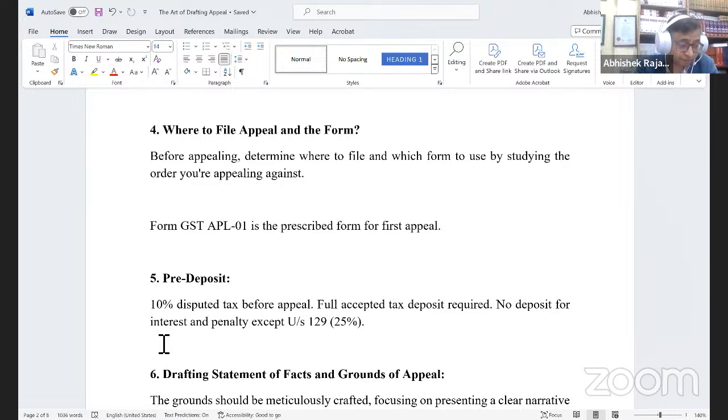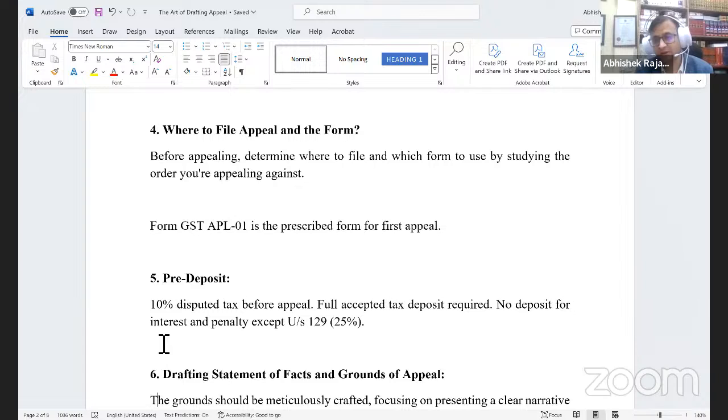Now, in a few cases, the department has objected to payment of the 10% pre-deposit amount through utilization of ITC. The department was of the view that this 10% pre-deposit should be through deposit of cash, whereas the assessee is of the view that ITC is equivalent to cash.